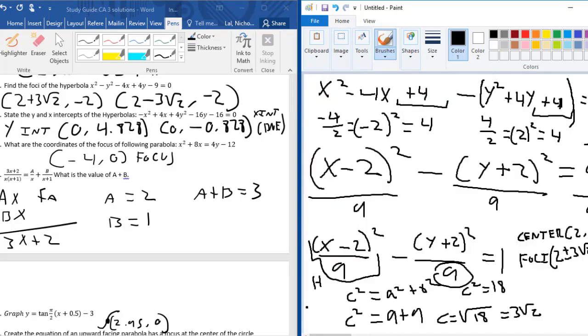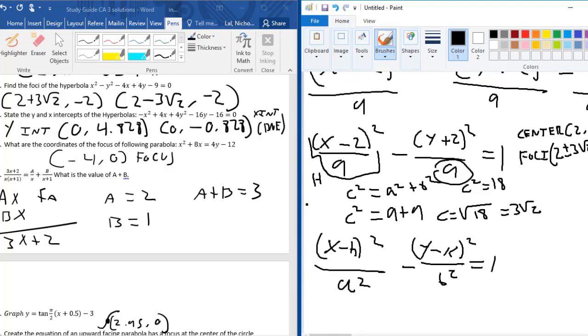So where did I lose you? You lost me at 2 squared equals 4. So 2 squared is just 2 times 2, which is 4.